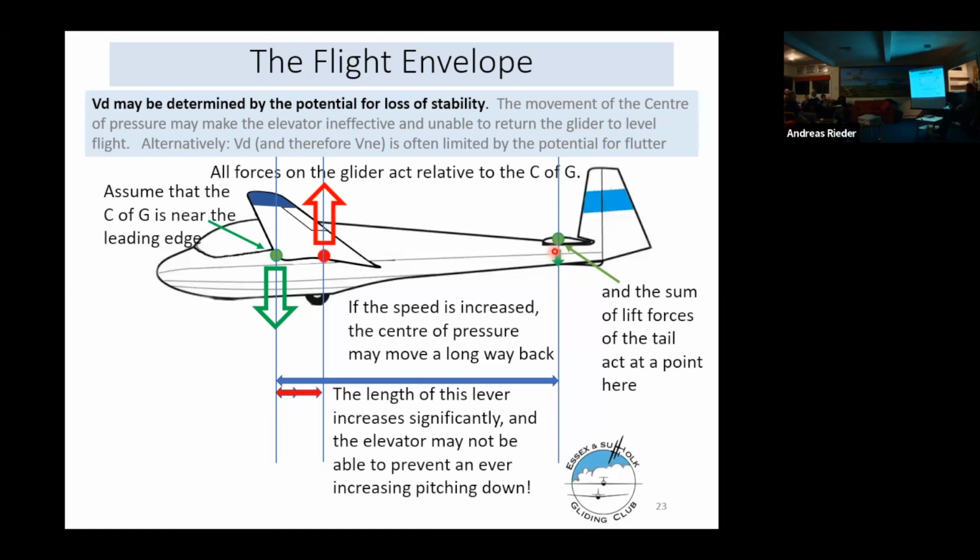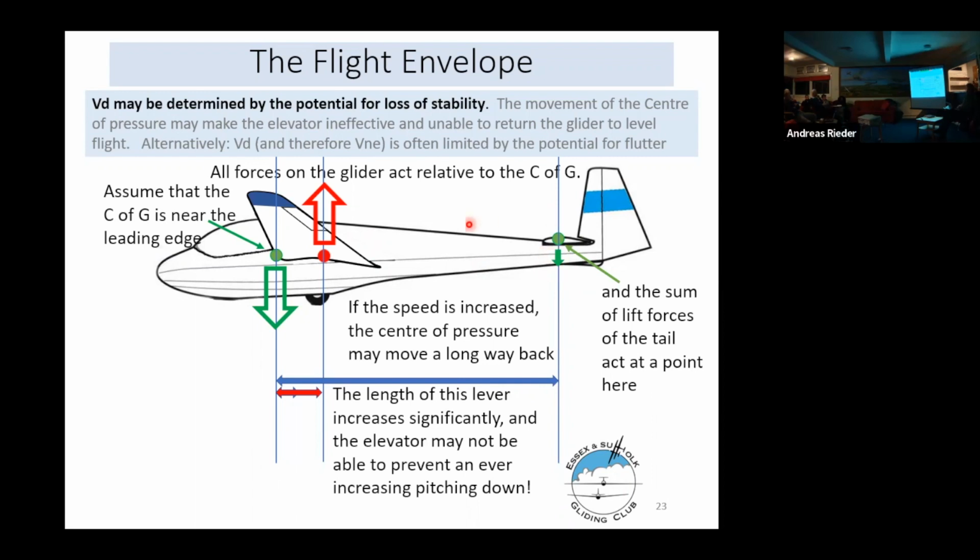So if you fly faster and faster and faster, the centre of pressure moves back. This distance increases. This distance between the tail and the centre of gravity doesn't change. So the twisting force to pitch the glider nose down gets greater, but the force to restore it has a limit. It can't get any greater.